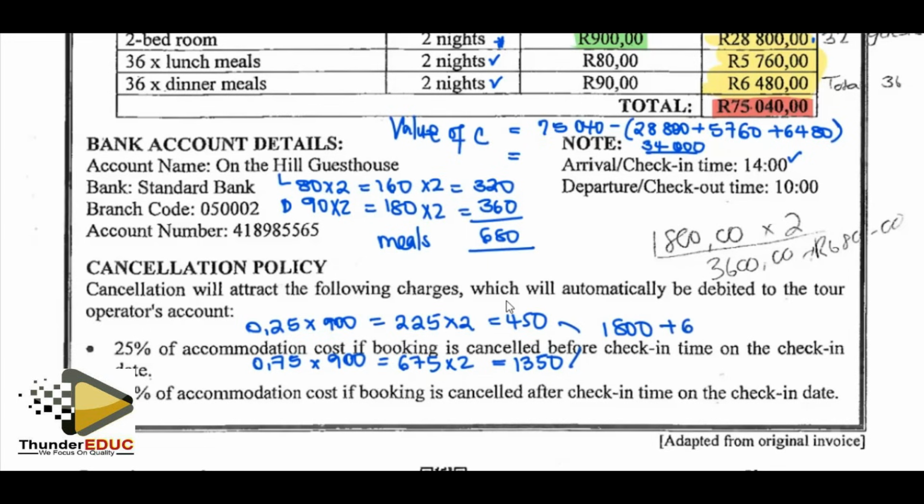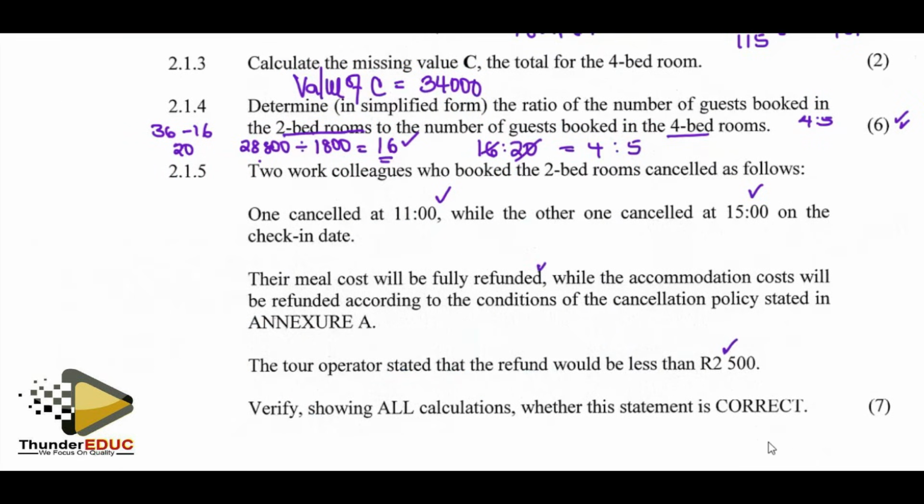We added the money for the meals. This is what we get. So the claim says it will be less than, indeed, because we've got the money as.